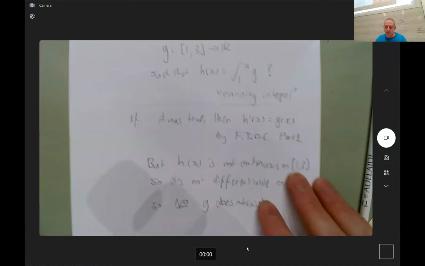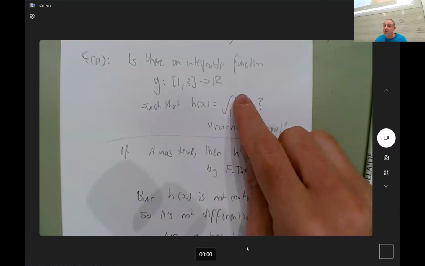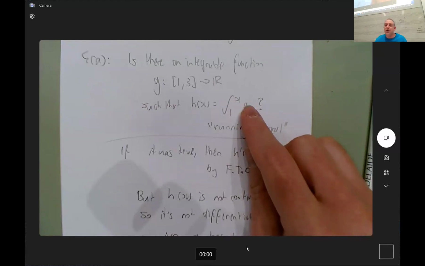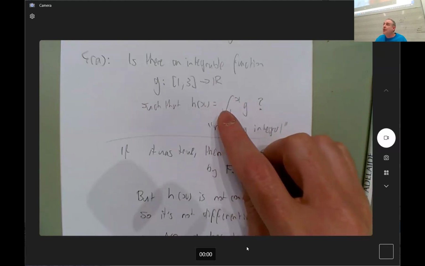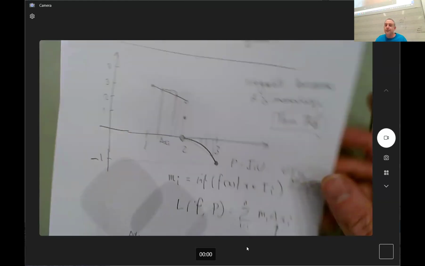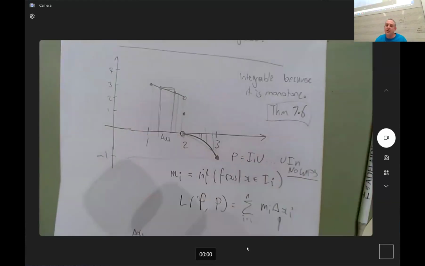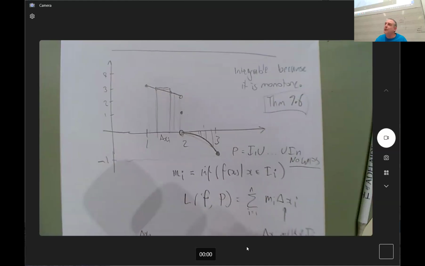The integral from 1 to 1 of g would be 0, right? And so h of 1 would have to be 0, and it's not. So this cannot be a running integral function because it's not 0 at the appropriate point.